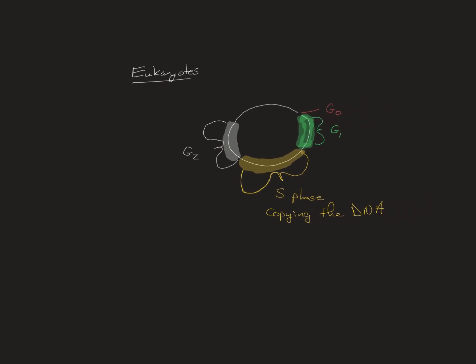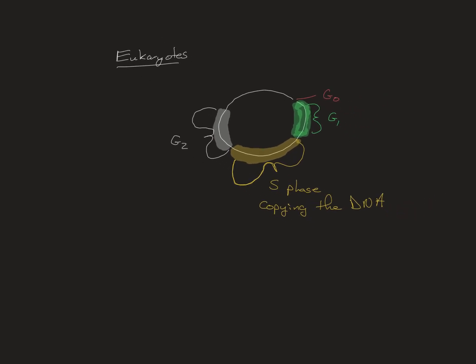The cell in G1 is gathering its resources, doubling up everything, the membrane, the Golgi body, the mitochondria, the endoplasmic reticulum, the ribosomes, everything needs to go. In S phase, it's doubling the DNA, because if you're going to go from one cell to two cells, you need two copies of everything. Does that make sense?